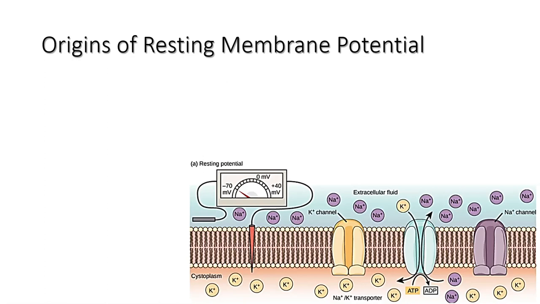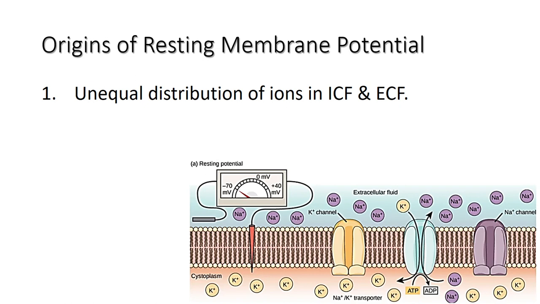A major factor that contributes to the origin of the resting membrane potential is the unequal distribution of various ions in the extracellular fluid and the cytosol. Extracellular fluid is rich in sodium and chloride ions. In cytosol, however, the main cation is potassium. This causes diffusion of ions down their concentration gradients.